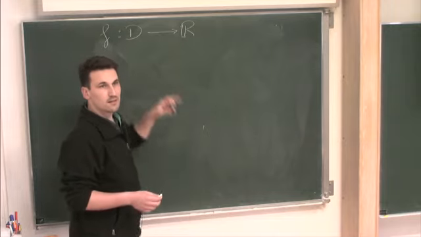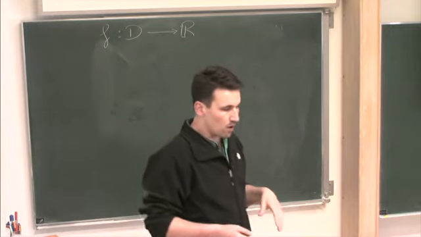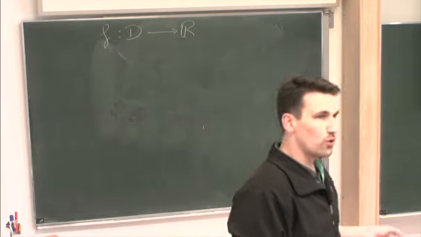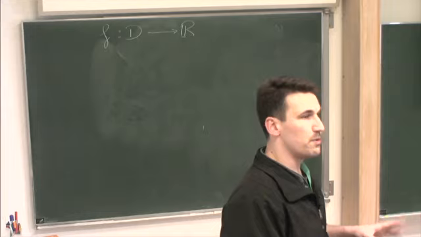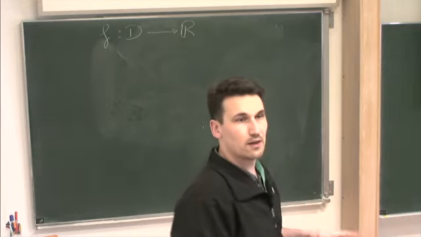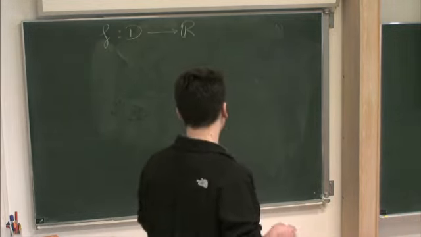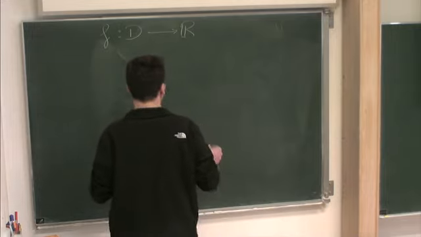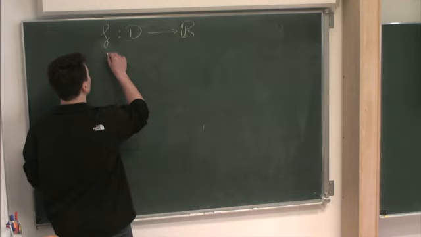The set D, the input space here, will be assumed Euclidean most of the time, but most of what will be presented can be applied in very general settings in terms of the set D. And the typical situation that we will consider is when you have observations, you have data.